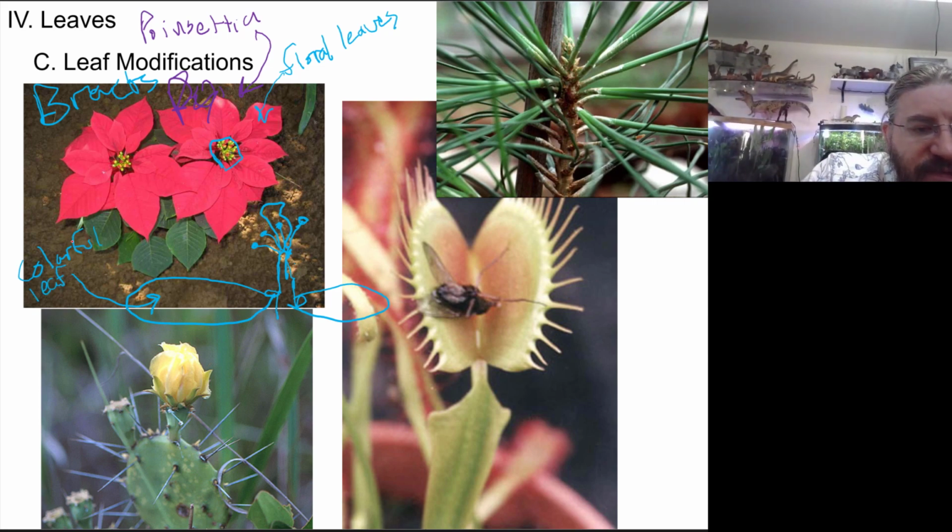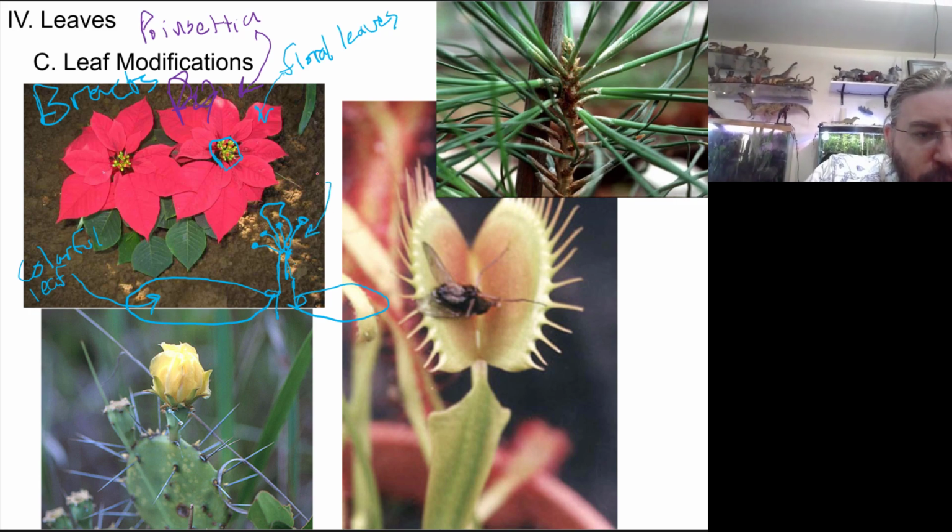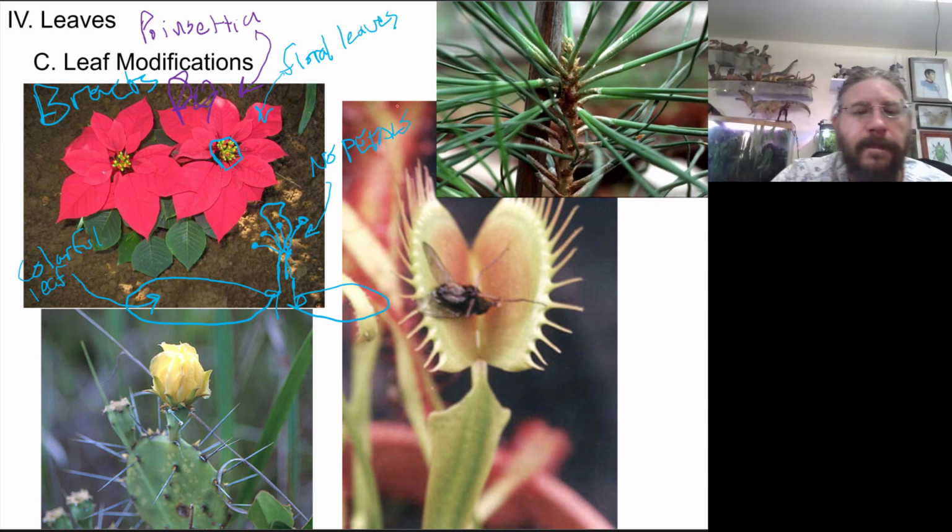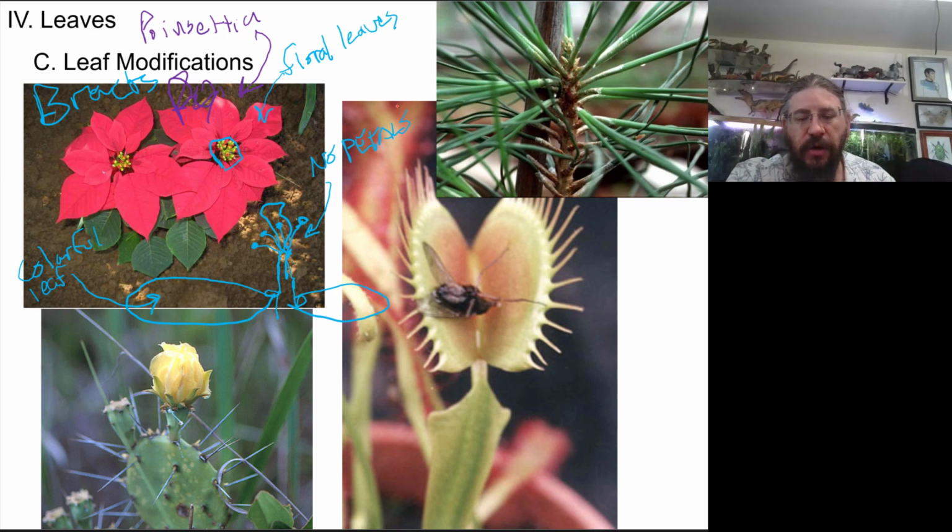It's a colorful leaf, and here we have no petals. So our reproductive structure is on its own without petals, and the colorful, pollinator-attracting part is a leaf, which is a bract. So poinsettias are your big example.